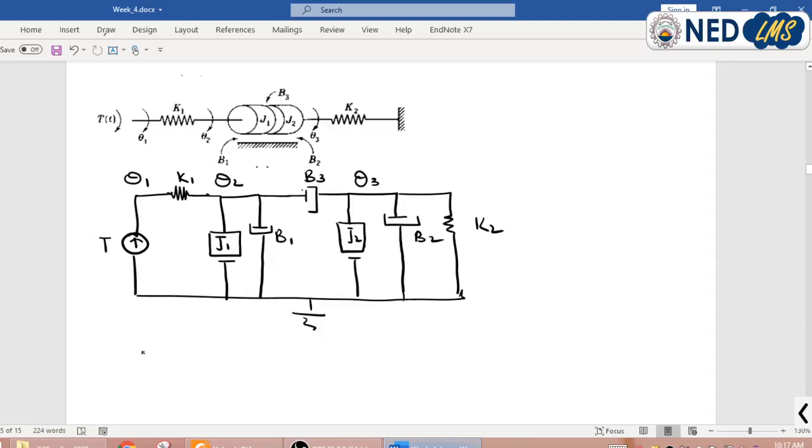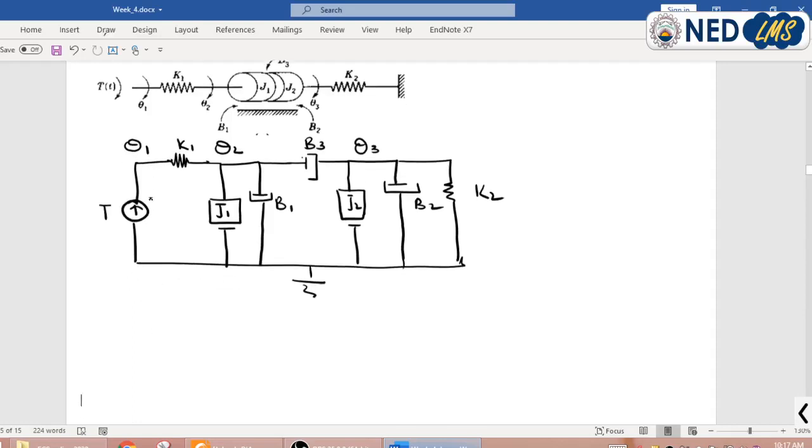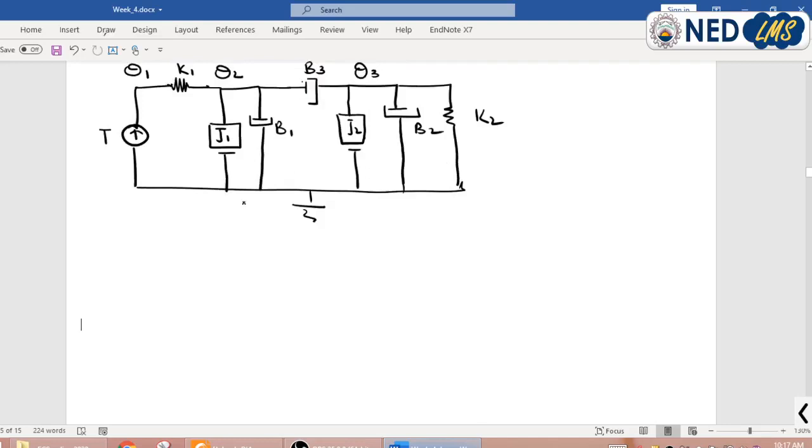We can now write the torque equation at different nodes with the help of this free body diagram. At node theta 1 we have input torque T, which is equal to the torque of this spring.